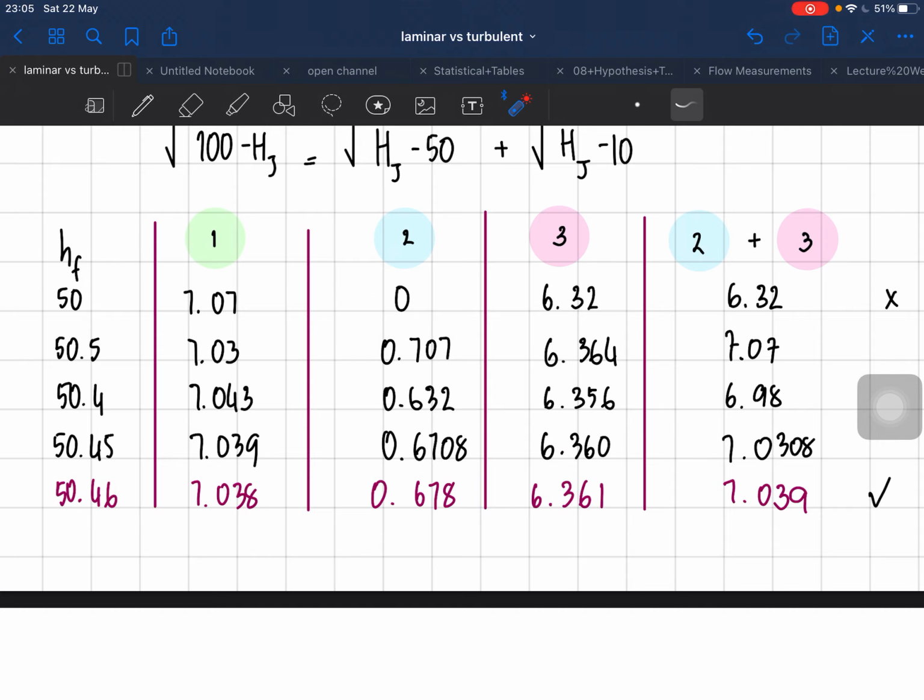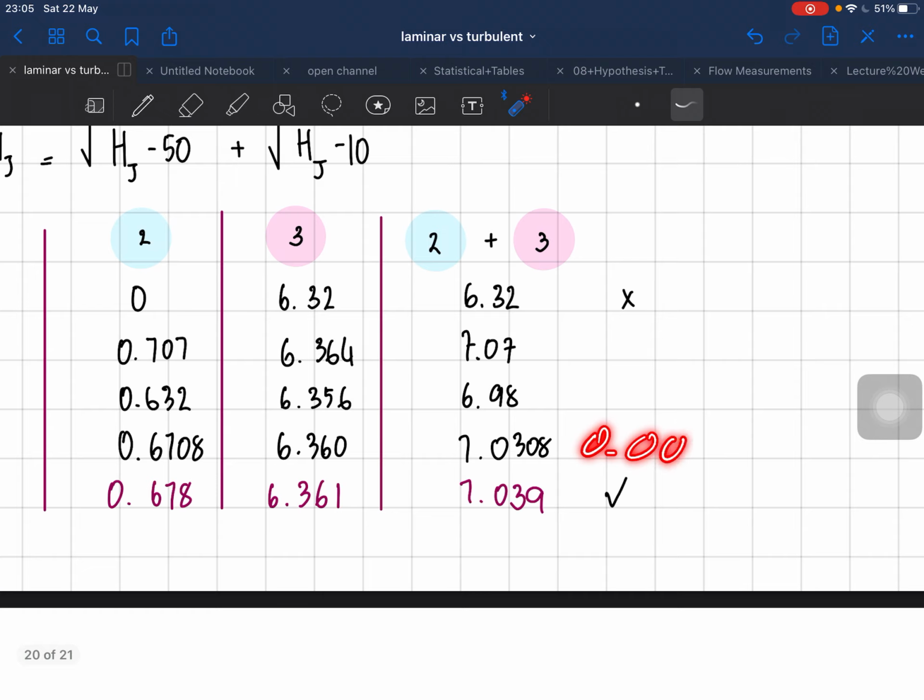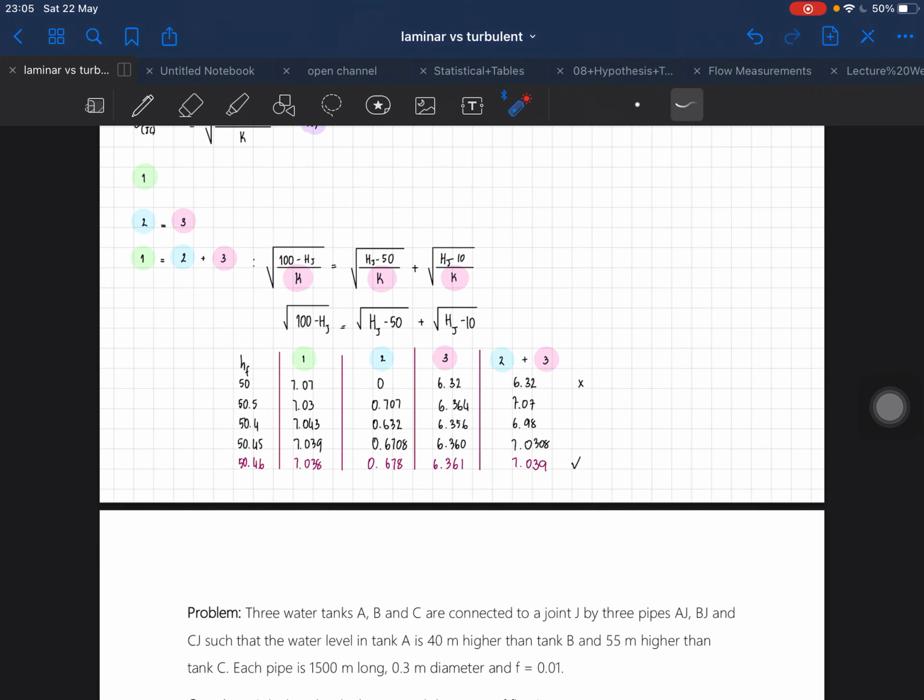So you can see that it's the third digit, but the third digit is only 0.001 difference, whereas in this one, do I need to calculate it? 0.39 minus 7.308. Yeah, 0.0082. This is 0.001. So this is less than 0.0082. Okay, so finally I got the answer for this one.